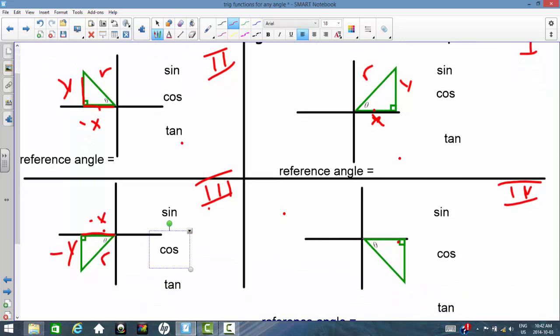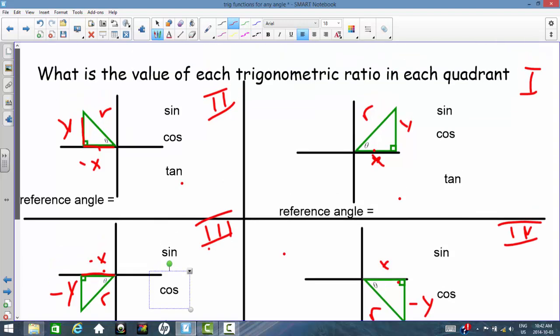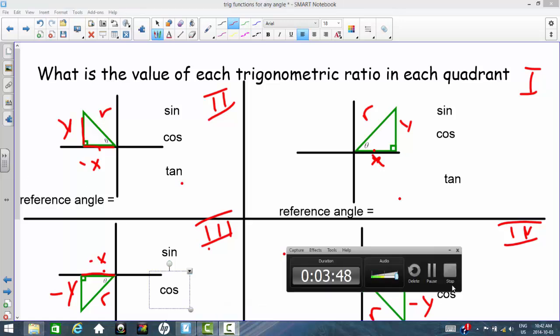And the final one, this is positive x and negative y and r. So now if we write the sine, cos, and tan for each of these, I want you to try this on your own, and then I will write them all down for you. And I'm going to pause the video now to let you do that.